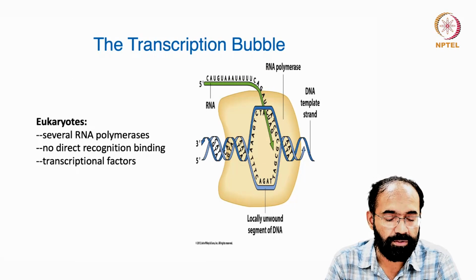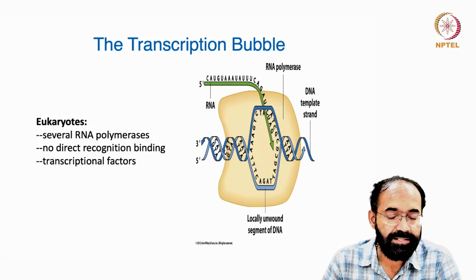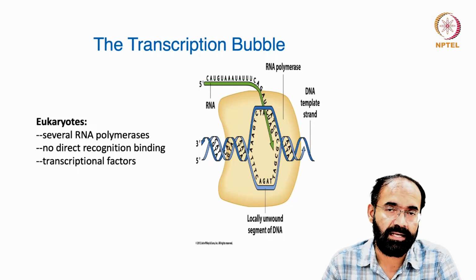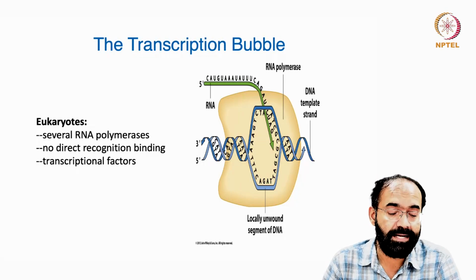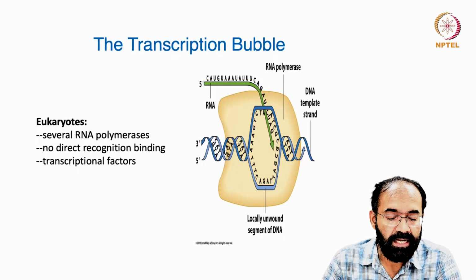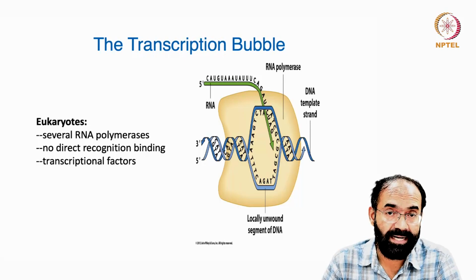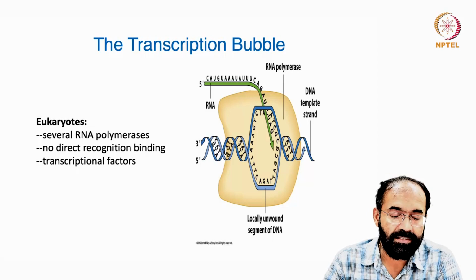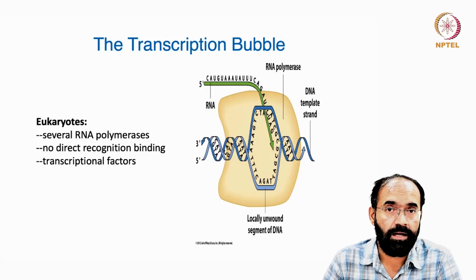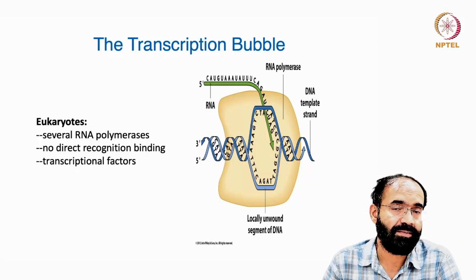And in eukaryotes, the process is the same, except that several RNA polymerases are there. RNA polymerase is a complex of multiple proteins, and there is no direct recognition onto which binding takes place, because it is a collective effort. Also several transcription factors are there.